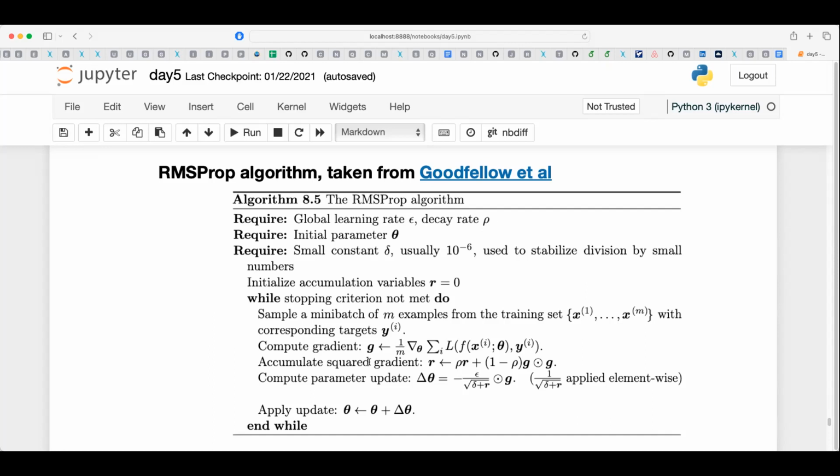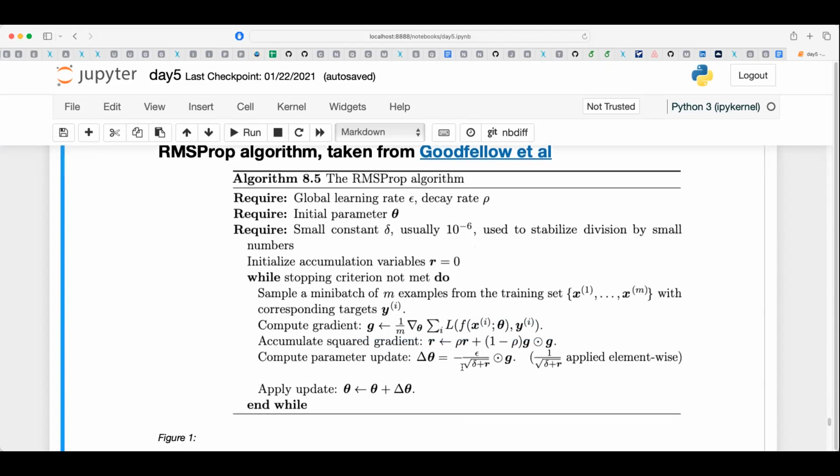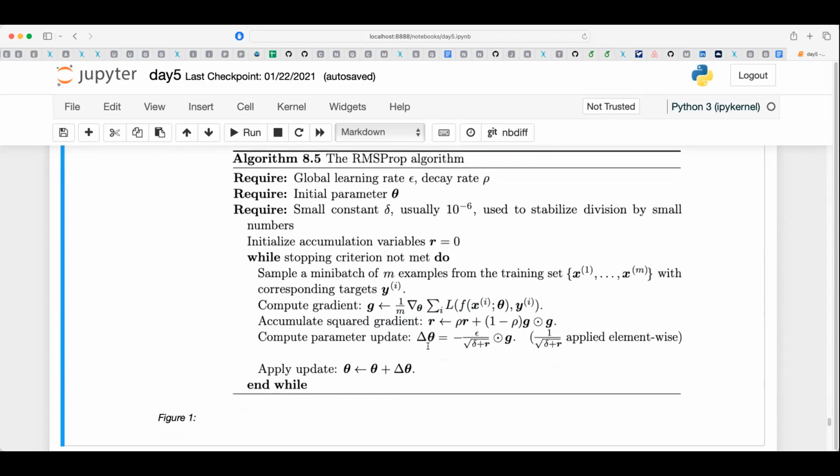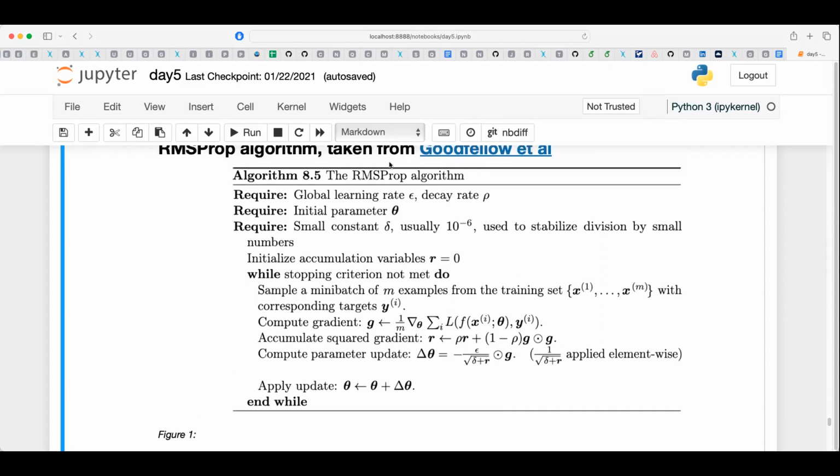So here you accumulate again the squared gradient, but you keep information about previous values, which is multiplied by this rho. So you have rho times the old value, and then 1 minus rho times the new value, and then you have the same expressions which you had in AdaGrad. The only difference between AdaGrad and root mean square propagation is this new parameter. Then you calculate the same update of the learning rate with this value r, and then you update the value. So this is root mean square propagation, but now you have an additional parameter.